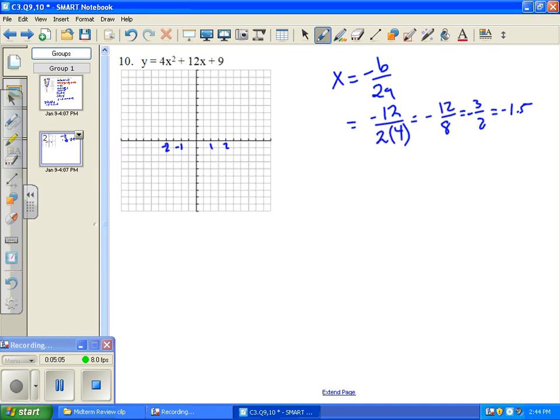Okay, so this is the x-coordinate, so we still need to find the y-coordinate of the vertex. So let's plug the negative 1.5 into our equation.